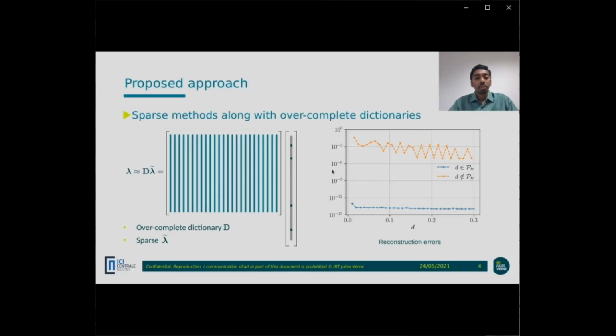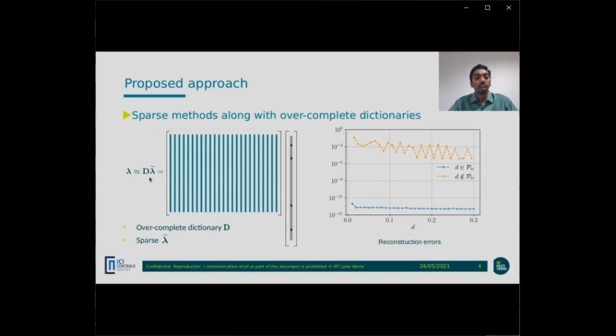We try to use sparse methods with overcomplete dictionaries to overcome this problem. An overcomplete dictionary D is simply a matrix with a large number of snapshots. We try to approximate the contact pressure field lambda using a few candidates from this dictionary.